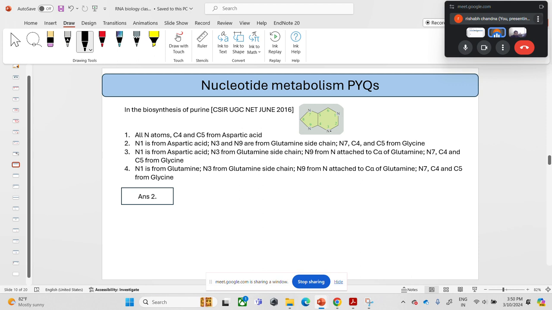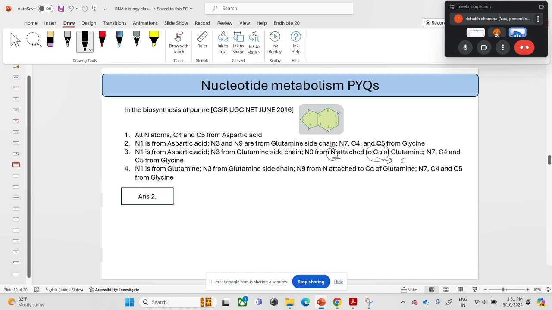Sir, I'm confused between option number 2 and 3. Okay, what's the confusion? Sir, N9 from the N attached to C alpha of glutamine is the confusion. Okay. The N attached to the C alpha, the alpha carbon of the amino acid, is basically the amine group they are talking about.